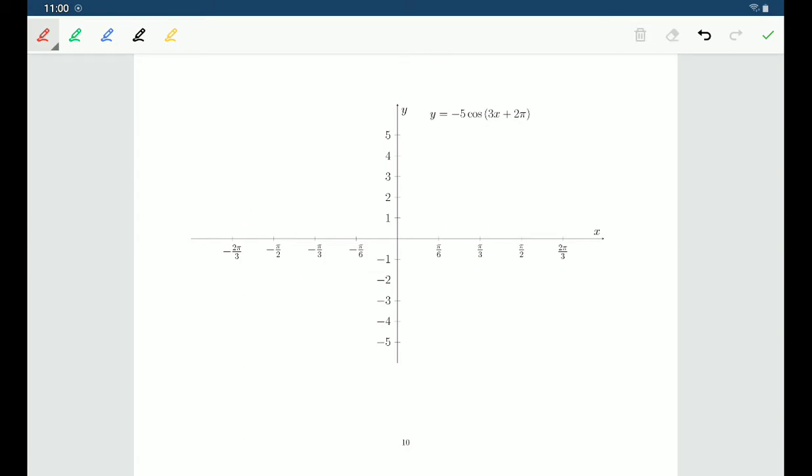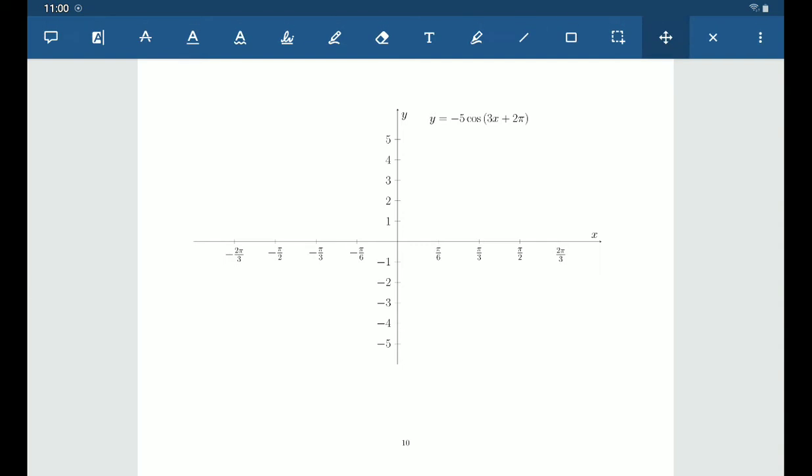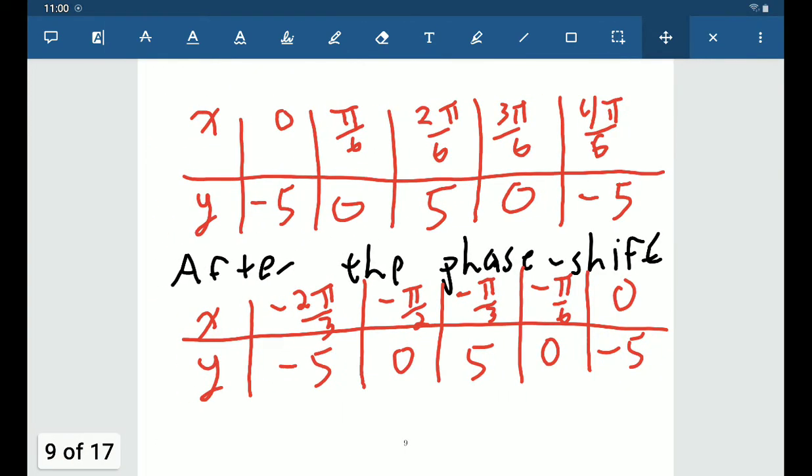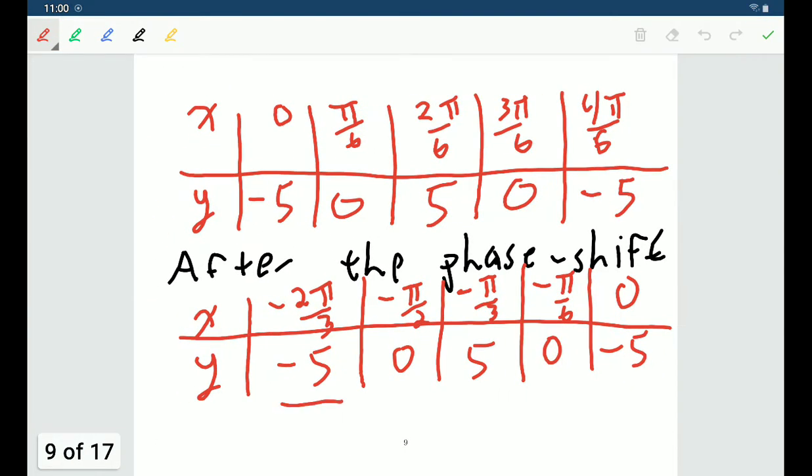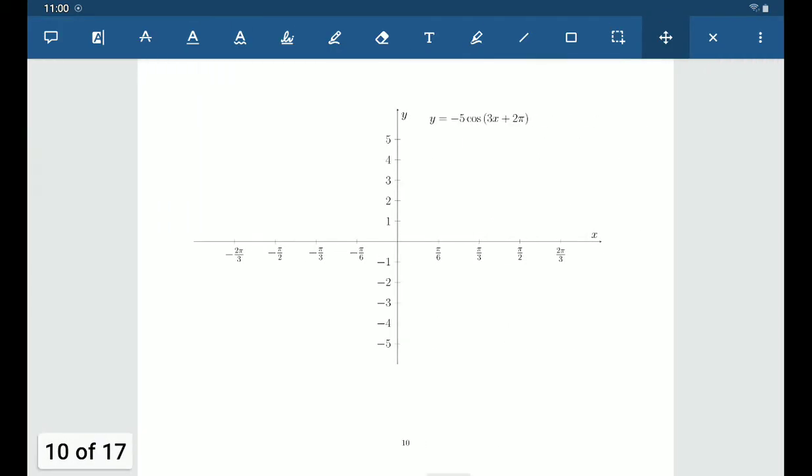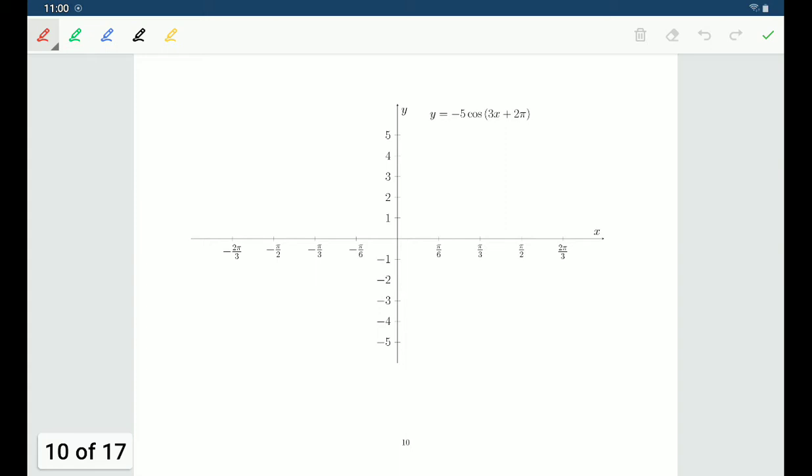All of our tick marks are going up by pi over 6 because that was the length of our subinterval. And we said that we would be starting with our y values at negative 5. So we'll start out with a y value at negative 5 when x is negative 2 pi over 3, then up to 0, then up to 5, then to 0, then to negative 5.